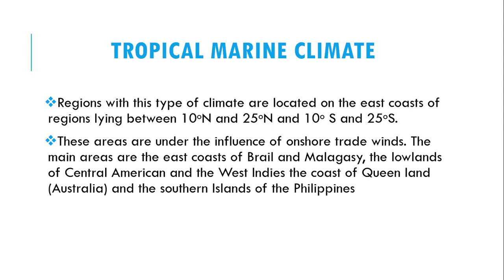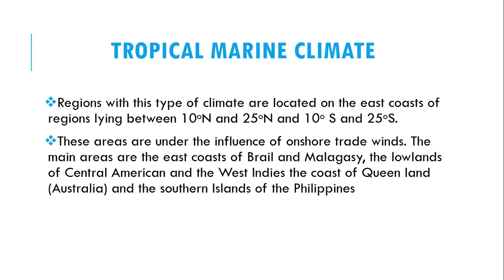Now, let's see the tropical marine climate. The various regions with this type of climate are located on the east coast of regions lying between 10 degrees north and 25 degrees north, and 10 degrees south and 25 degrees south. These areas are under the influence of the onshore trade winds.